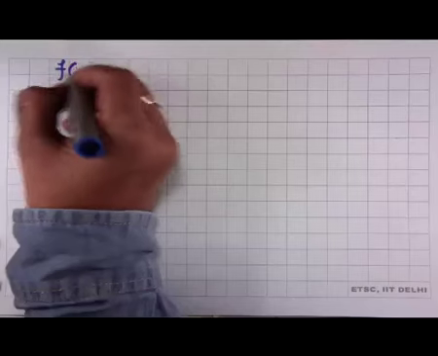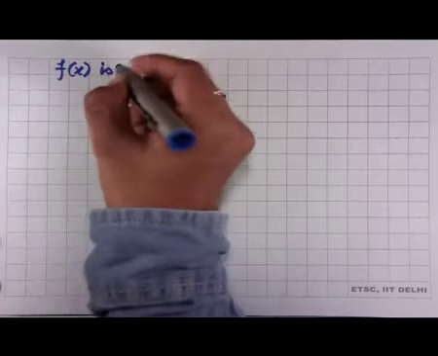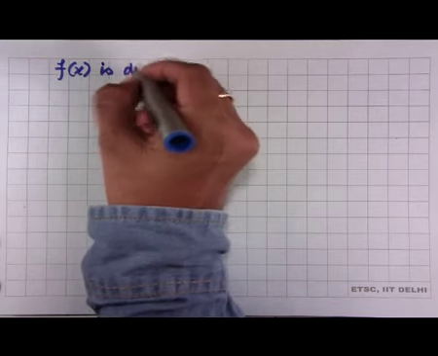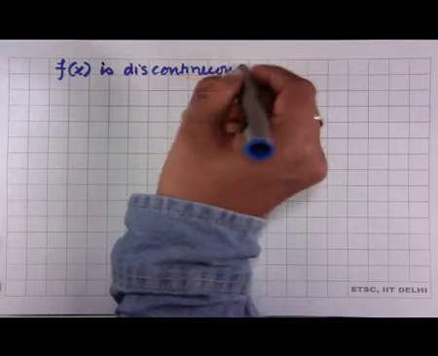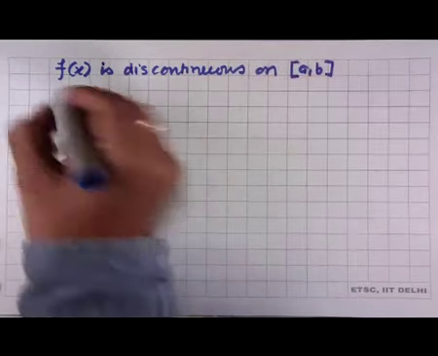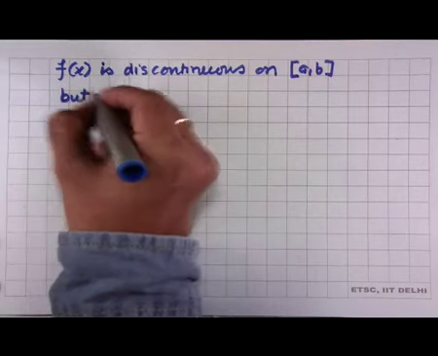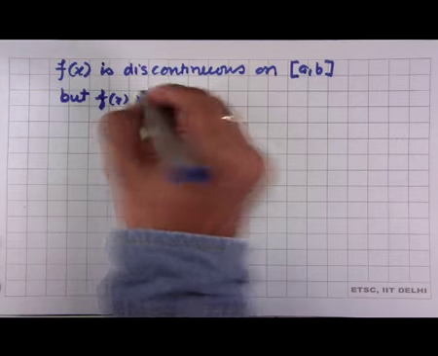For that, let us take the case where f(x) is discontinuous on the interval a b, but f(x) is piecewise continuous.